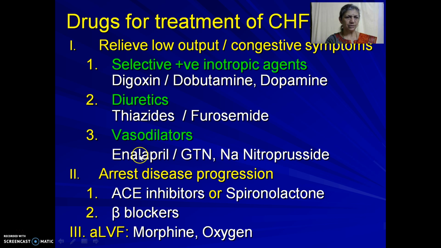In addition to these drugs in chronic management, we have beta blockers, carvedilol, alpha beta blocker, for protecting from sympathetic overactivity. And in acute management, we have morphine, which has action similar to furosemide, plus direct anxiolytic action, giving symptomatic relief and thereby controlling sympathetic overactivity. And of course, oxygen to take care of the impaired gaseous exchange.